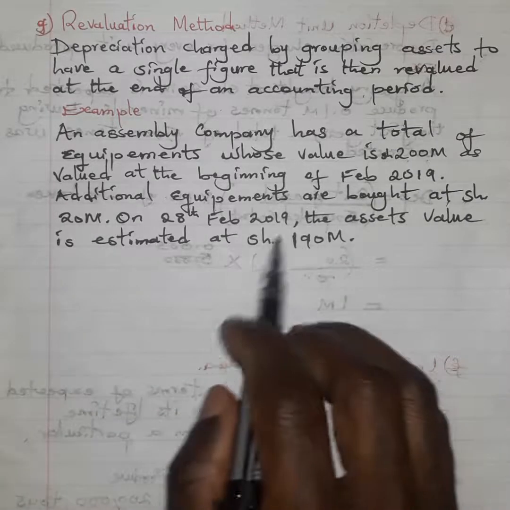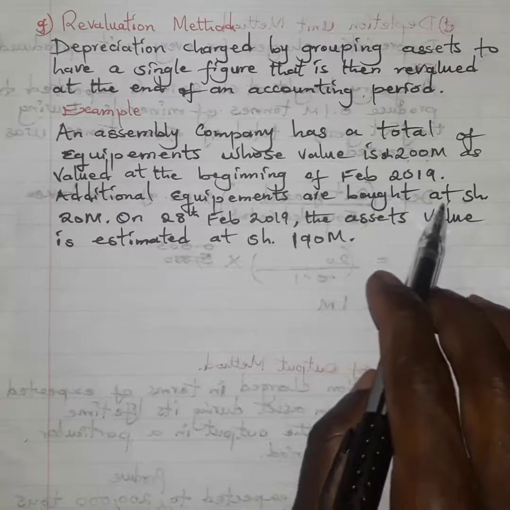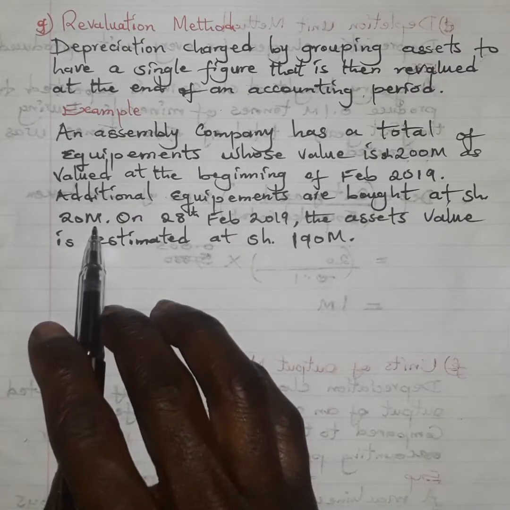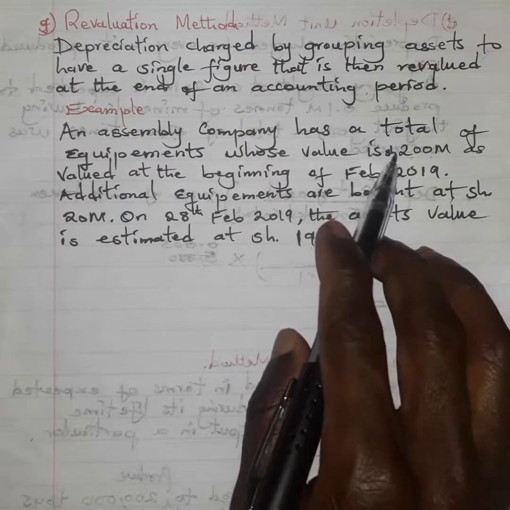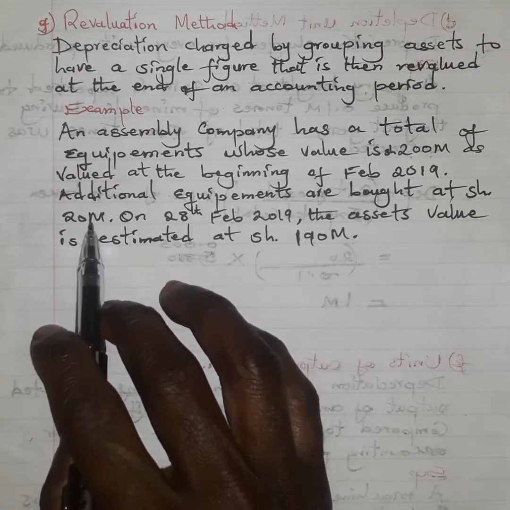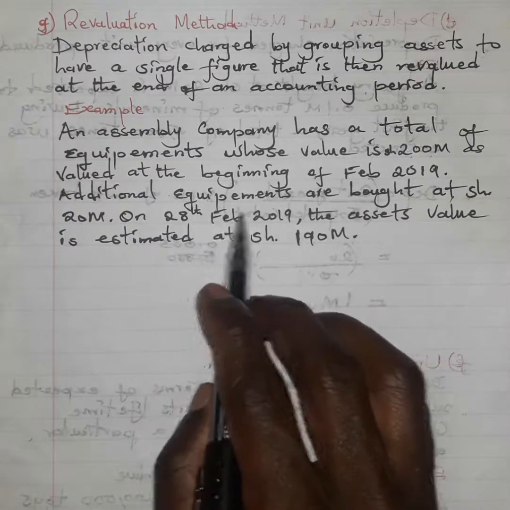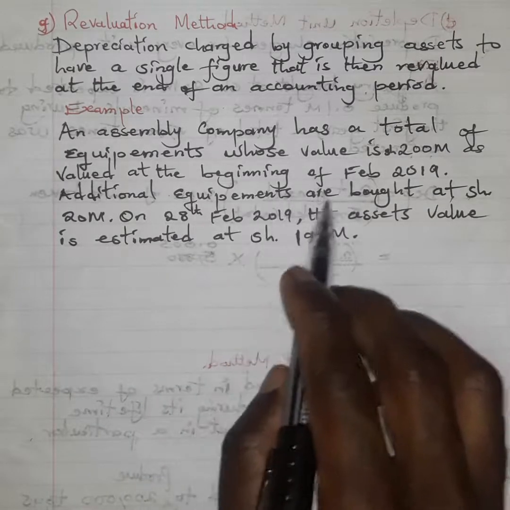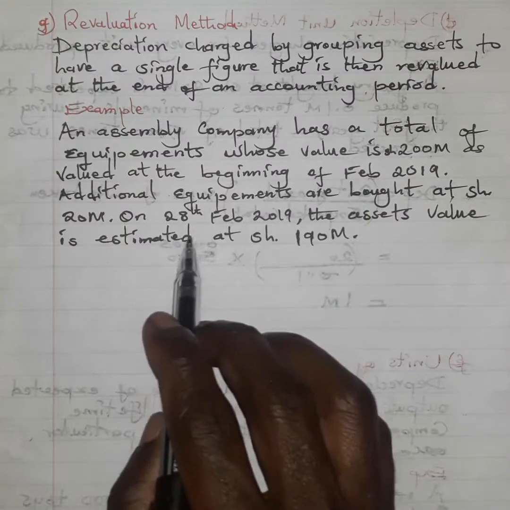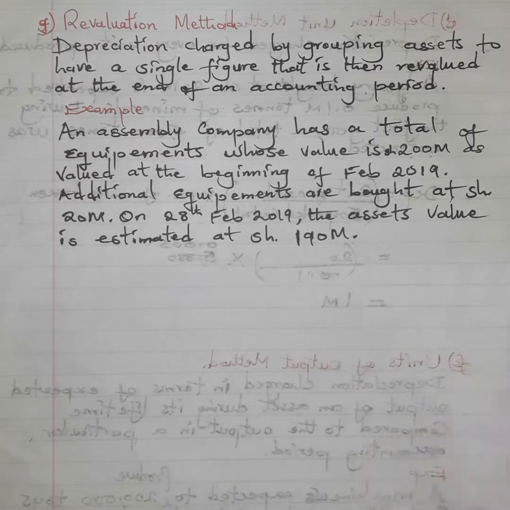Additional equipment is bought at 20 million. So they have this at the start, then later they buy 20 million. Then you're told that on 29th February, that is the end of that particular month, the assets' value is at 190 million. So we are supposed to get the depreciation.